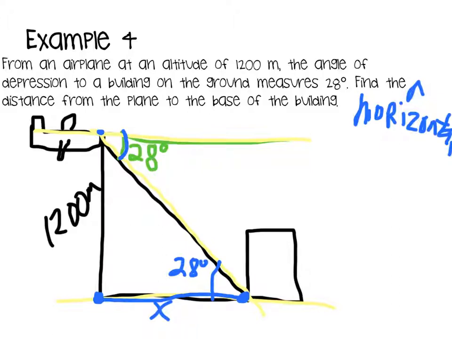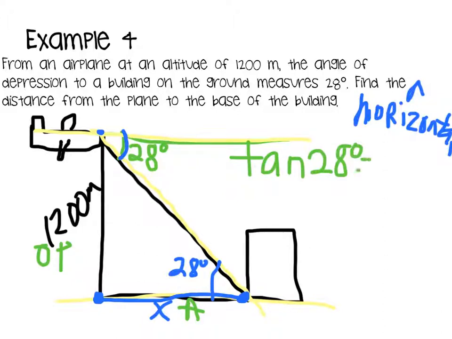So we need to label each side. The 1,200 meters is our opposite. And our x value is our adjacent. So we have opposite, we have adjacent, we're going to use tangent. So we have the tangent of 28 degrees is equal to my opposite, which is 1,200, over my adjacent, which is x.